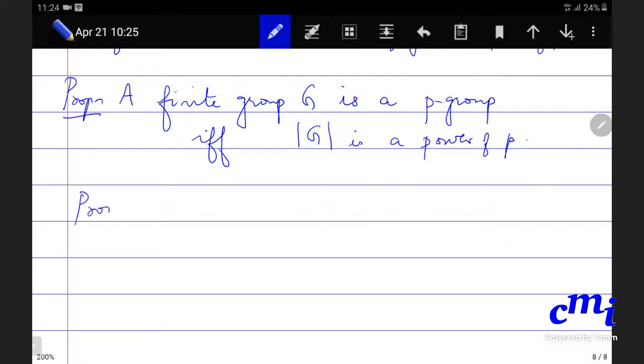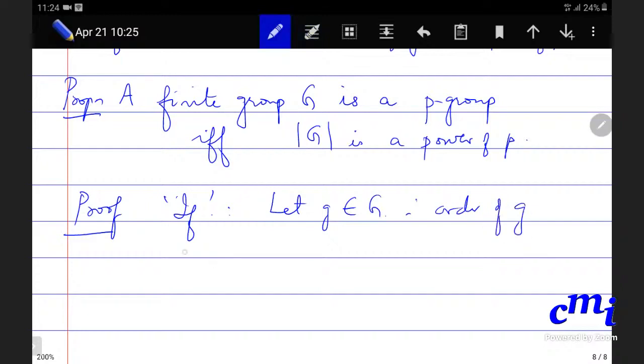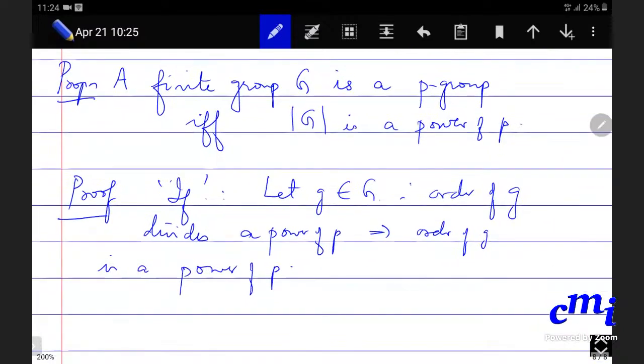Proof. Okay. If, let g be inside G, so g is an element of a group which has order a power of P. Therefore, the order of g divides a power of P. This means that the order of g is a power of P. Okay.